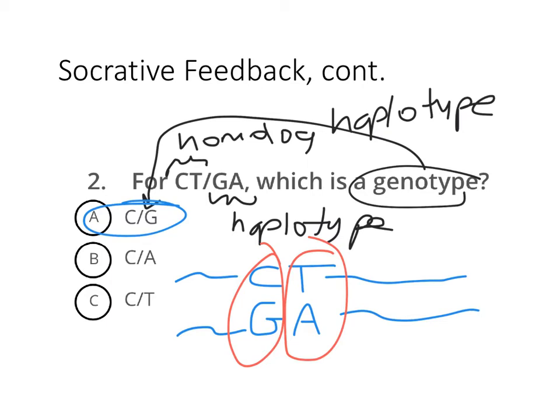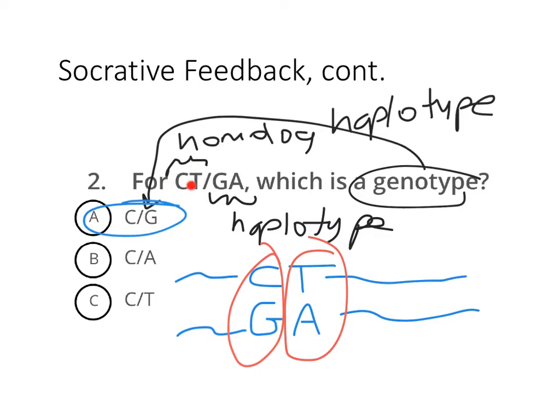So in other words, to reiterate, this CT/GA combines haplotypes and genotypes in the same nomenclature. CT is a haplotype. That's why when I draw it out, I write them both on the same chromosome. I don't know if there are nucleotides between them or not. That's not important, because we only care about the nucleotides that are heterozygous when you compare the 2 chromosomes.